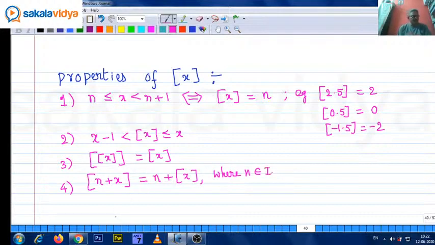Then we can write like this. The integral part of 2.5 is not 3, it is 2 itself only. 2.5 means 2.5999, only the integral part is 2. It must be less than x. The integral part of x is less than x. X is 2.5, 3 is actually more. Understood now?